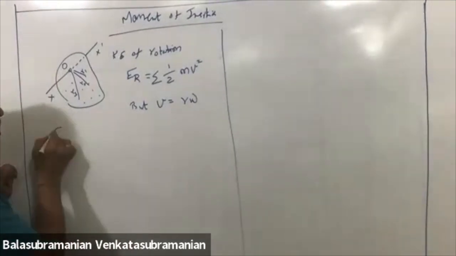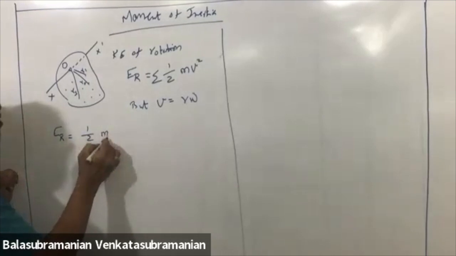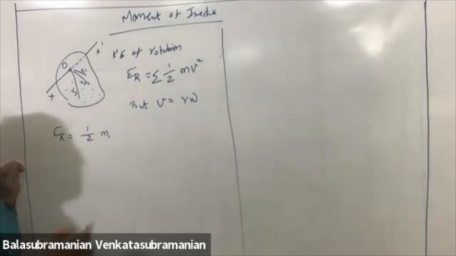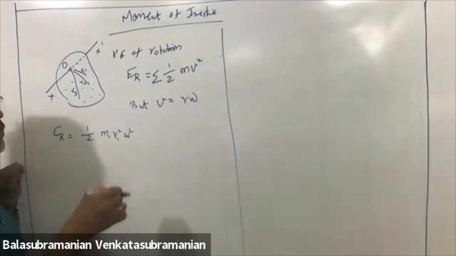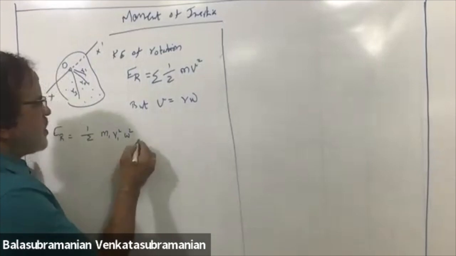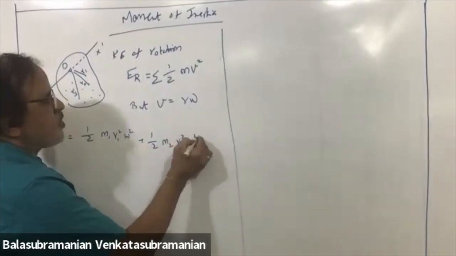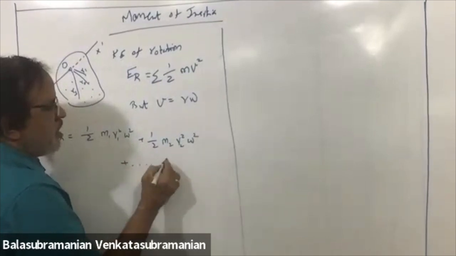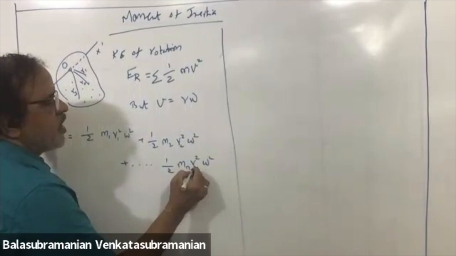So I can write Er is equal to half m. Say for the first particle I am writing m1, v square means r1 square omega square. For the second particle, half m2 r2 square omega square, etc. Half mn rn square omega square.